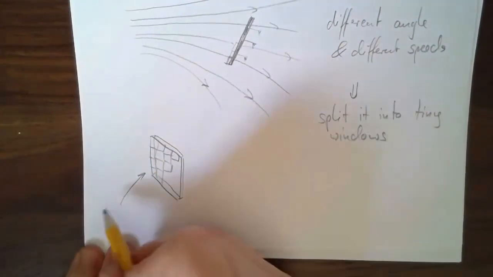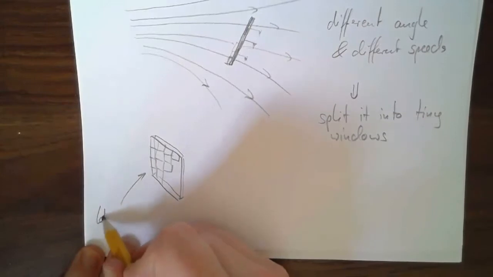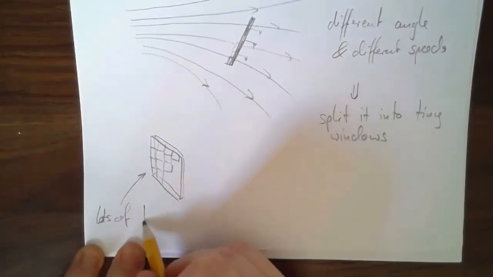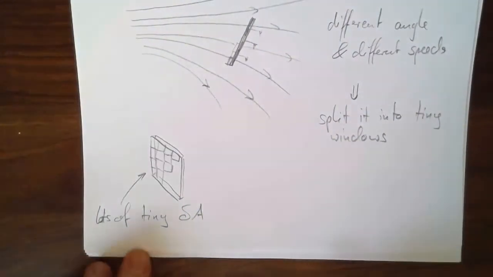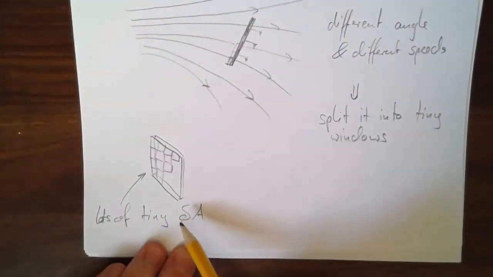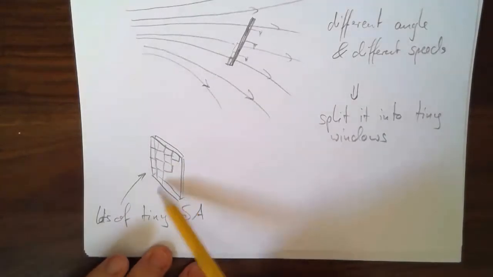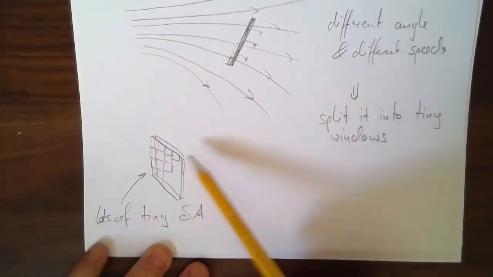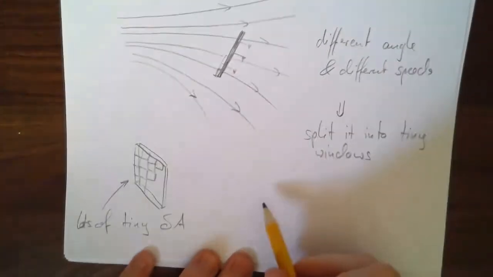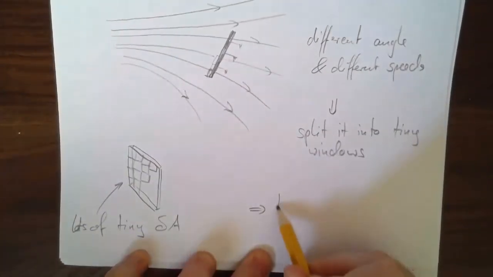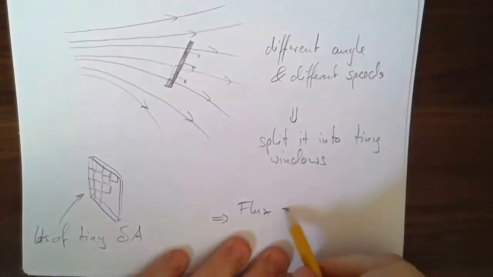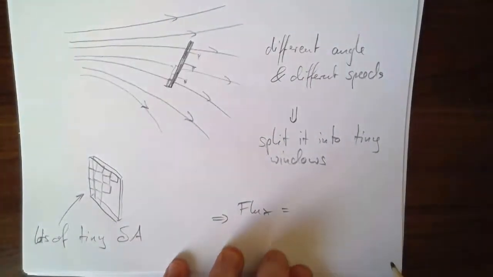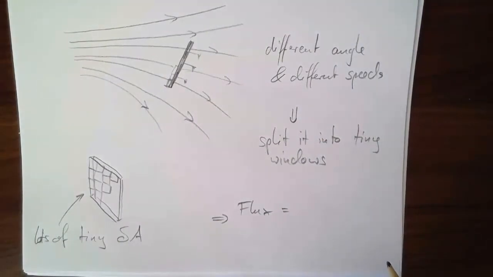Let's call those delta A. Lots of tiny delta A, lots of tiny areas. Use delta to mean small little chunks. They add up to make the whole area of the window. And then the flux through the whole window is just going to be the sum of all the individual fluxes.